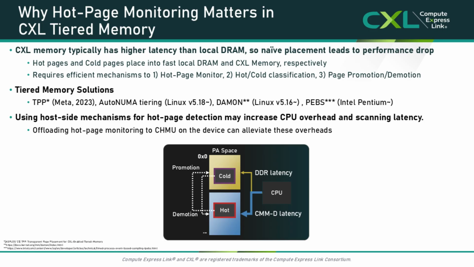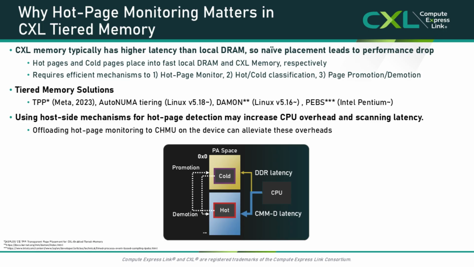So, why does hot page monitoring matter? As you all know, CXL memory inherently has higher latency than DRAM. This is mainly due to the PCIe interconnect and protocol overhead. In practice, when a CXL switch is introduced, the latency to CXL memory devices becomes even higher.